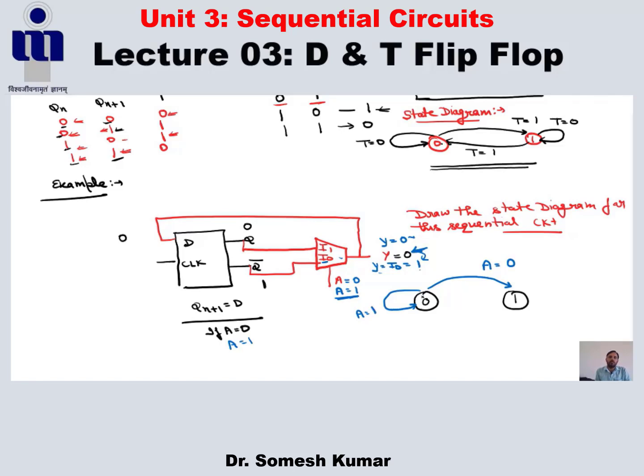So what happens if our present state is 1? Now we are going to this present state. If the present state is 1 and A is 0, then Y is 1 here, and it becomes 1 and this becomes 0.